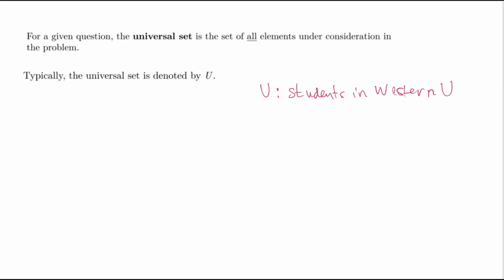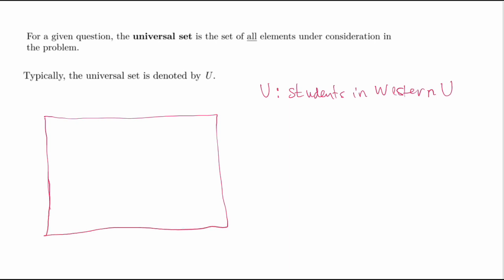Okay, and so I'm going to draw a little diagram here to give us a little bit more of a heuristic. Say that this diagram here shows U. So U contains all students in the Western University. Okay.